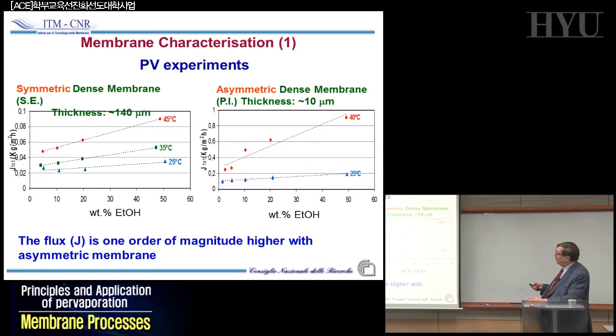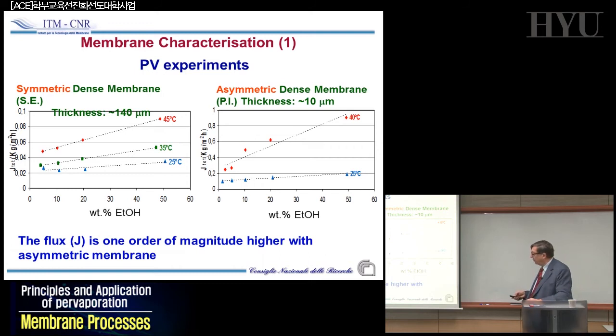And the same material in asymmetric, with a thickness in this case of 10 microns for the dense part of your membranes, is of the order of 1. So between these membranes and this one, there is one order of magnitude.